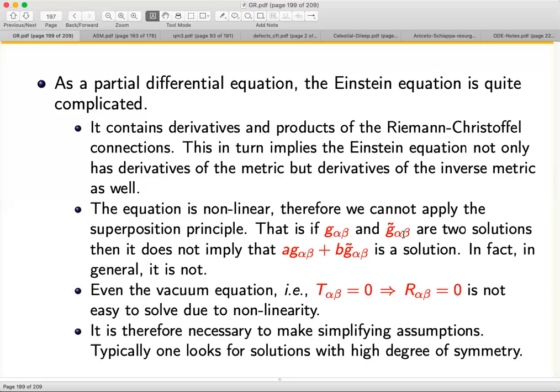In quantum mechanics, the Schrodinger equation is linear. The Dirac equation is linear. So if you obtain two different solutions, a superposition or linear combination is also a solution.